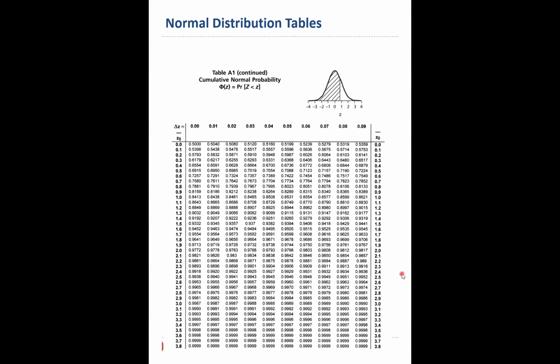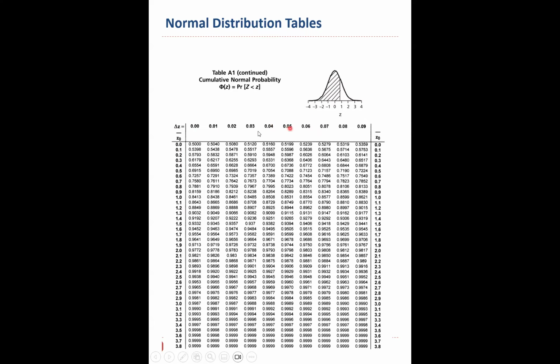So these are the positive values, and we can see the z values given in a vertical array, and the horizontal array at the top labels the delta z value, which is the increment to z to the second decimal place.